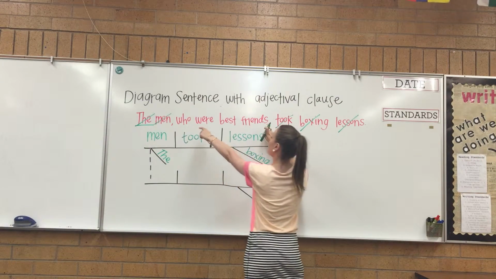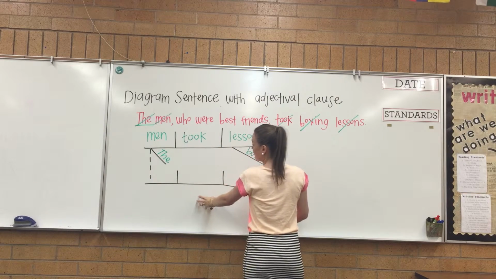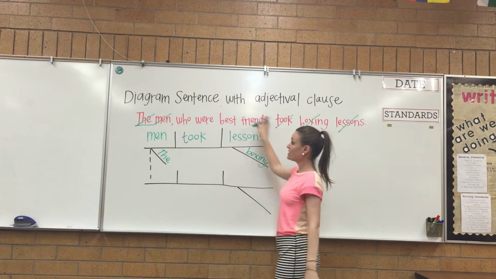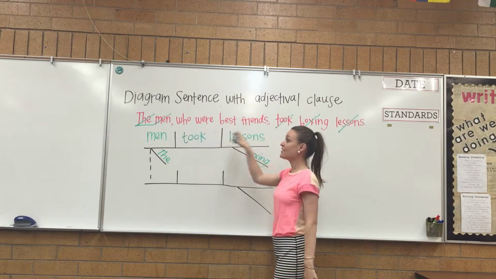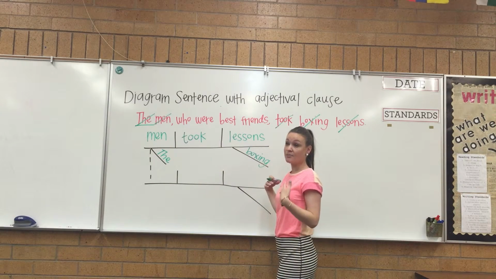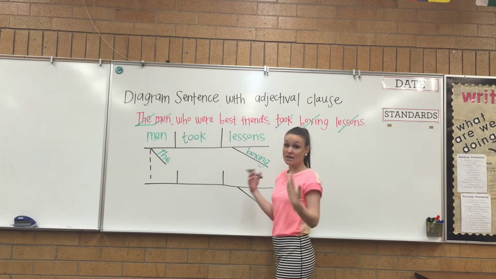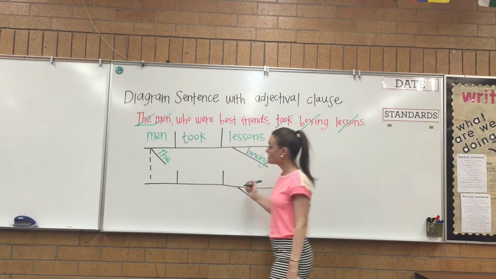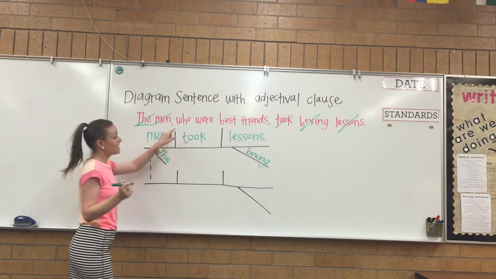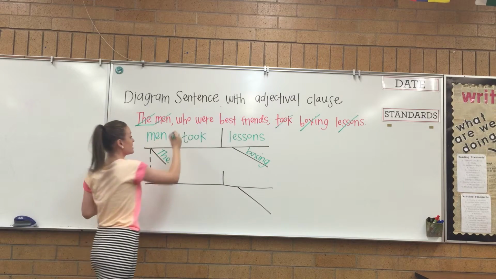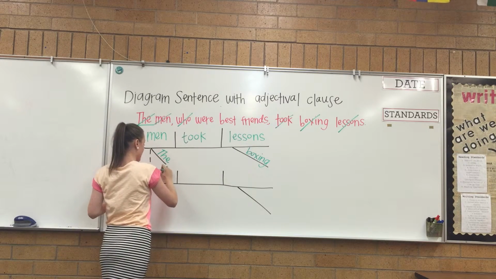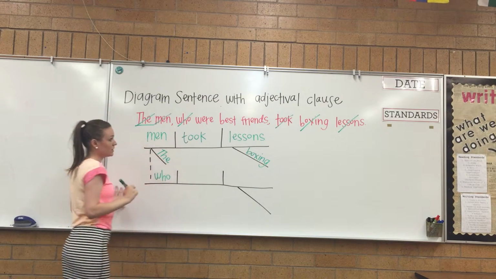But because we have this adjective clause, we need to put it down here. Now, you can take this part of the sentence as if it were a regular clause or an independent clause. Who were best friends? So we take the subject of the clause, which is who, the same as if we had men, and put it here.